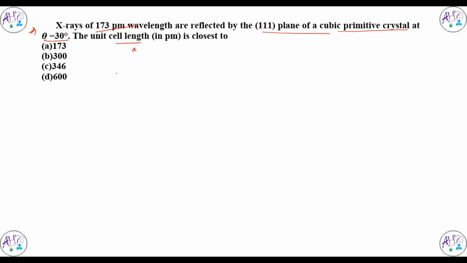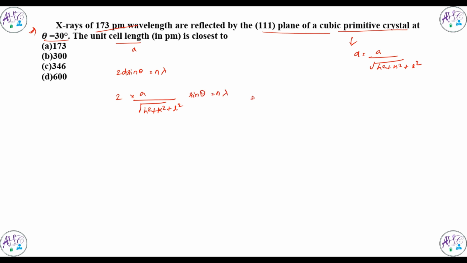We know according to Bragg's equation, your 2d sin theta is going to be equal to n lambda. Okay, for your simple cubic system, your d value is going to be equal to a by root of h square plus k square plus l square. Right? So if you substitute, this is going to be equal to 2 into a divided by root of h square plus k square plus l square into sin theta equal to n lambda.